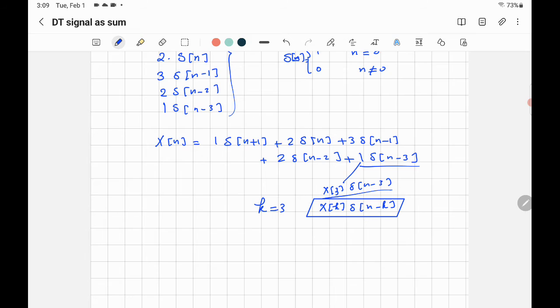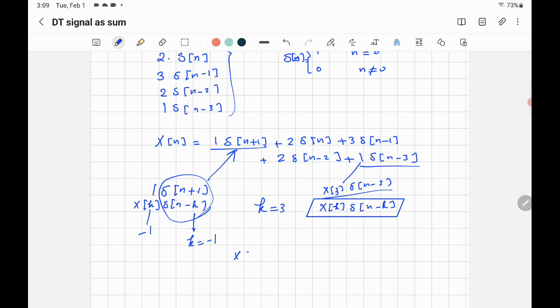All right, let's check. For example, this one, 1 delta n plus 1, should be equal to x of k delta n minus k. So compare these two things, you'll find 1 is equal to minus k, so k is equal to -1.